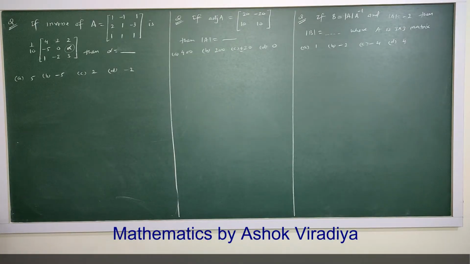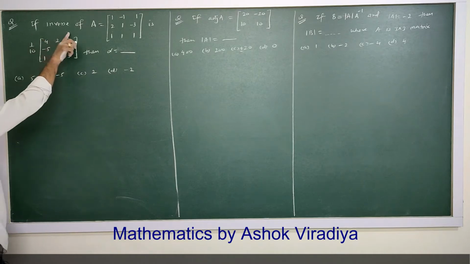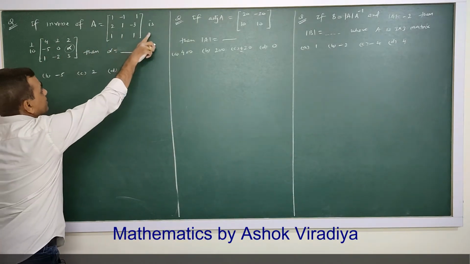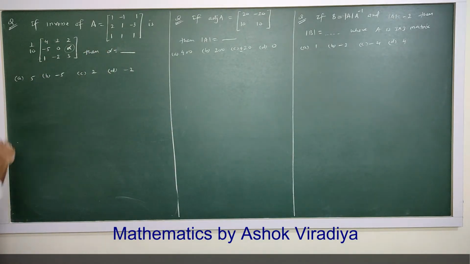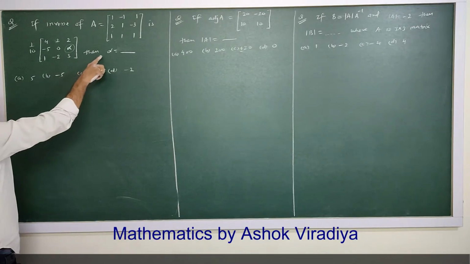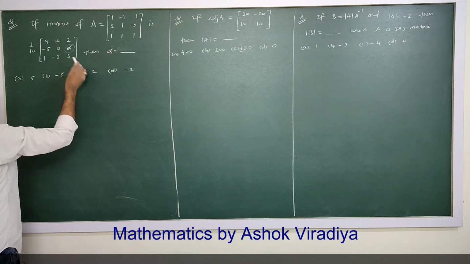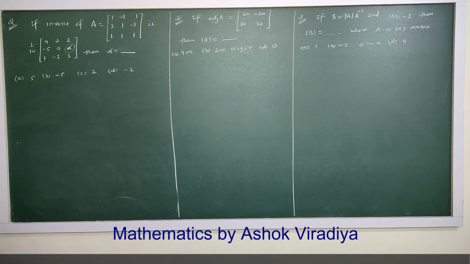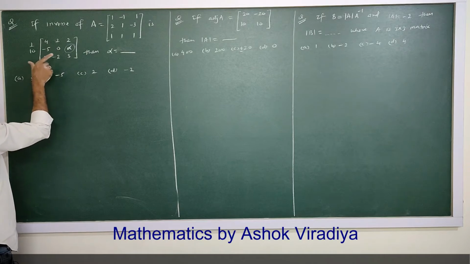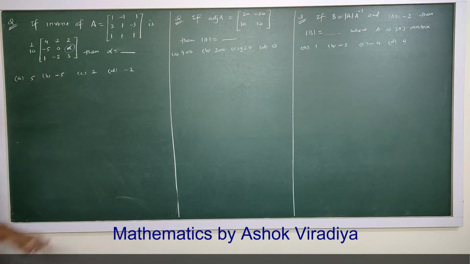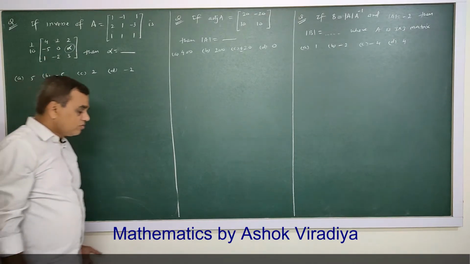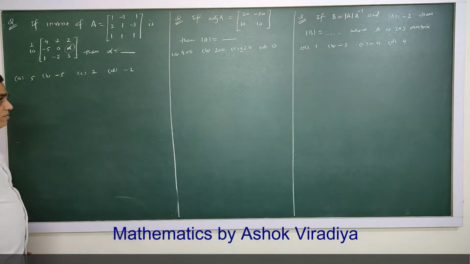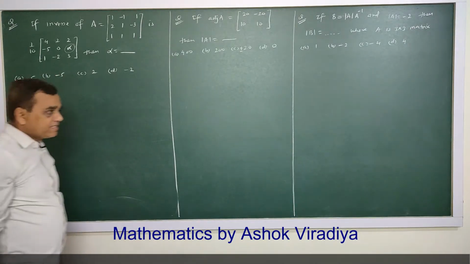Now see this question. If inverse of this matrix A is given, then find the value of alpha. This is alpha, an unknown number. Inverse of A is given. Now we know the formula to find the inverse of a matrix.